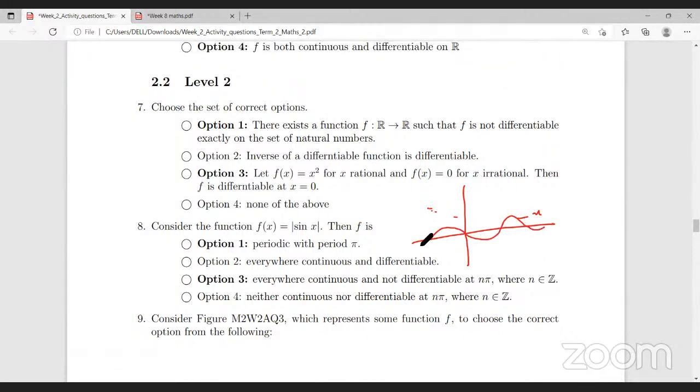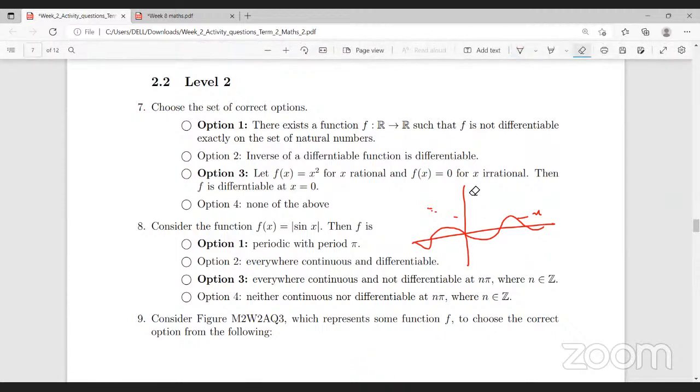Now, what is the graph of mod sine x? We have to eliminate the negative part, just shift that negative part upwards to the positive side of the x-axis. So my graph will be like this. It is periodic with pi, it will repeat after a pi interval, the same graph.